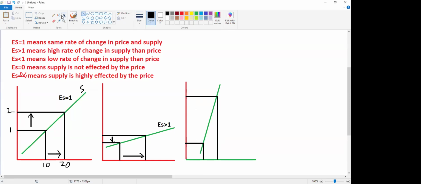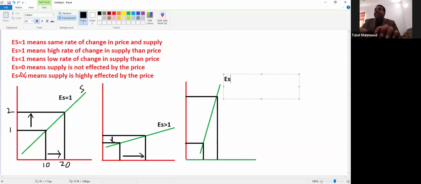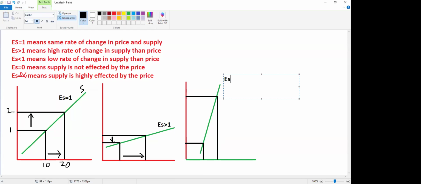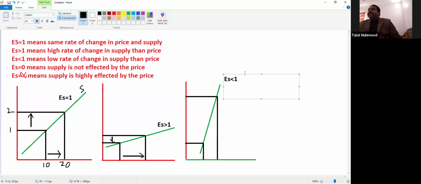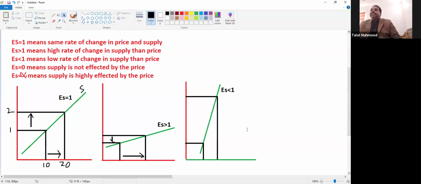No, sir. So what will be the elasticity of supply? You have to think over it. Less than 1, exactly. So less than 1 means it is less affected by the price.